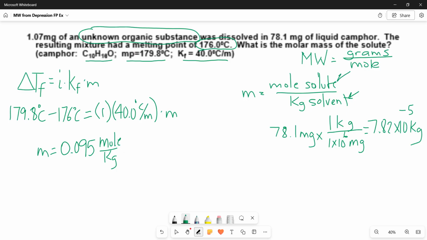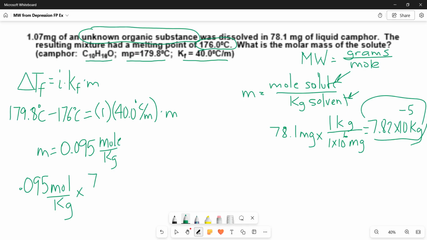I need to know the numerator here for the solute. So if I take 0.095 moles per kilogram, and I multiply it by the kilograms that we calculated over here.